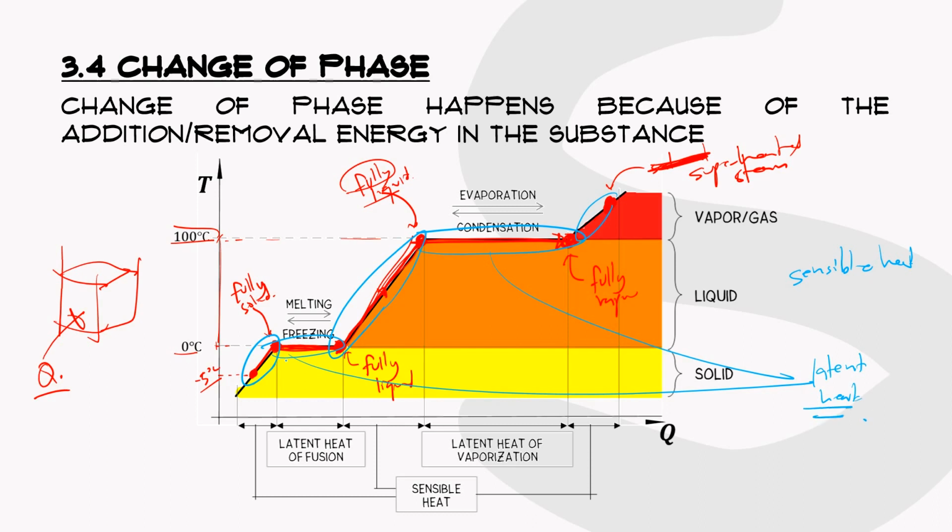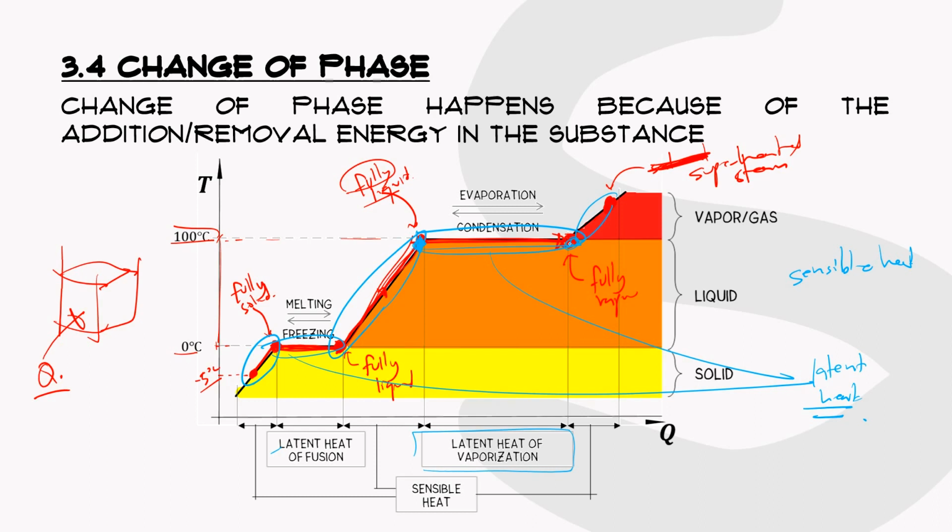Specifically, from solid to liquid we have the latent heat of fusion, and from liquid to vapor we have the latent heat of vaporization. So that's the amount of heat to fully convert the liquid, from this point to this point. Okay, so that's the change of phase.